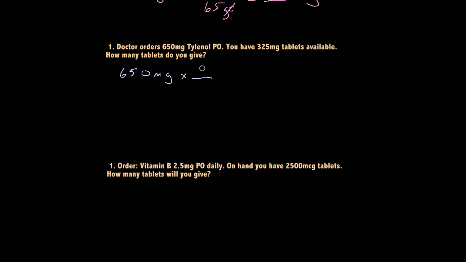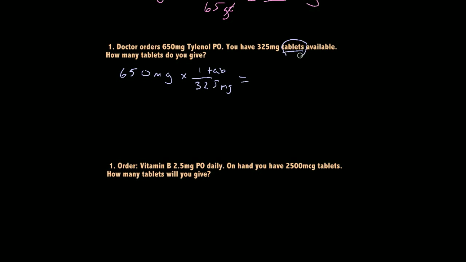So 650 milligrams is our given, and I know that for every one tablet, since that's what they use in the word problem here, I'm going to have 325 milligrams, because we want to end up with tablets.